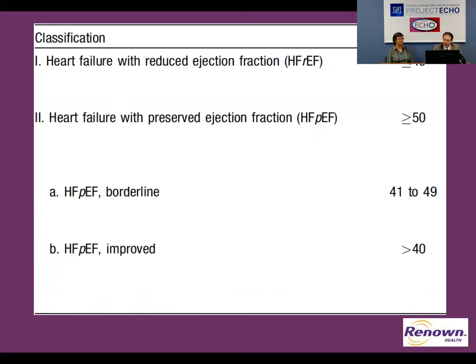And then this borderline group, I think there's increasing recognition, as I said previously, that we're still defining the therapies for them because they don't necessarily fit neatly into the HFpEF or the HFrEF.